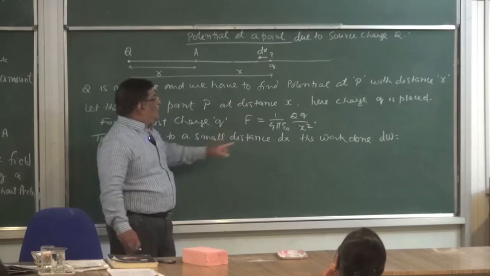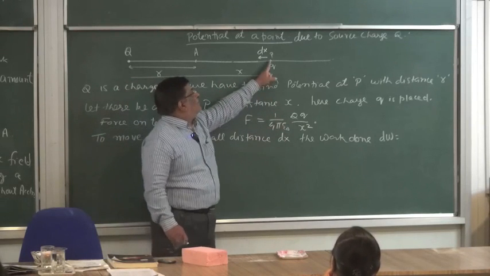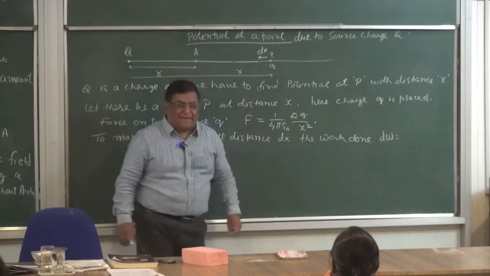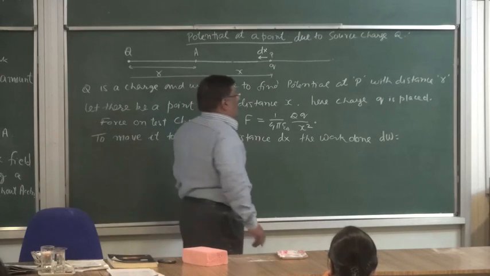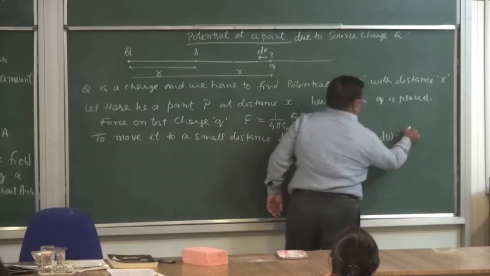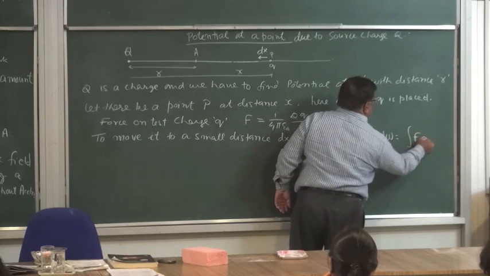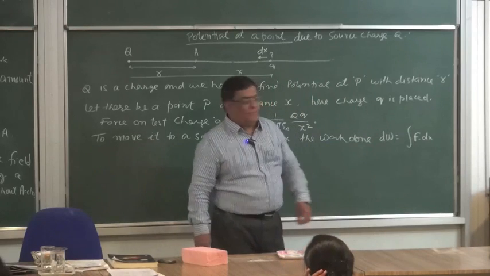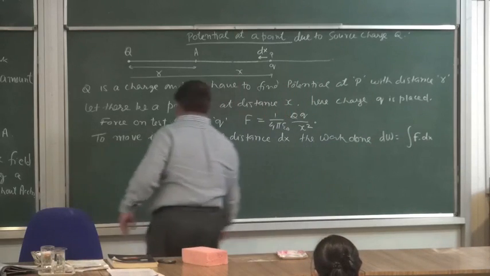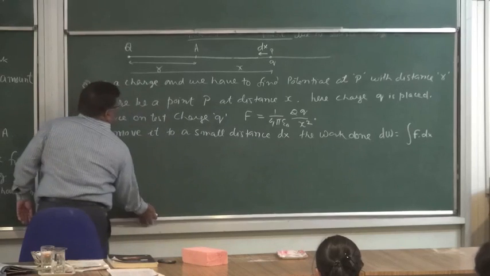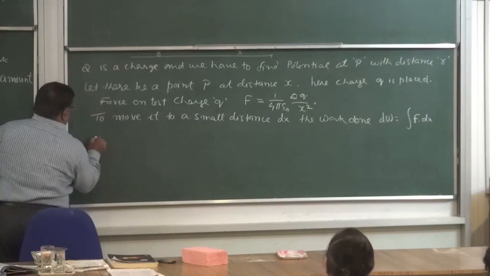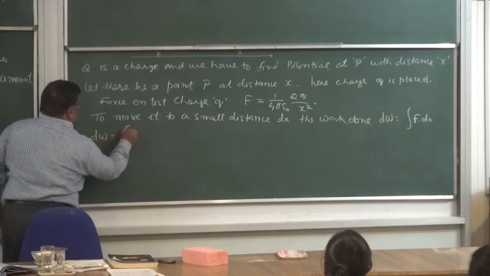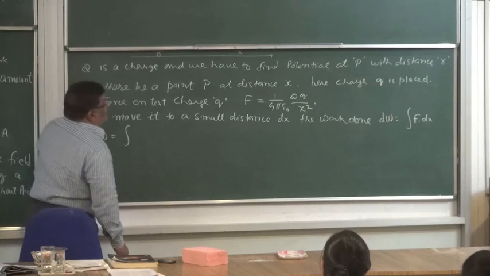So how much is the force? This is the force, and how much is the small displacement? dx. Okay, then how much is the work done? We know the work done is F dx. This is our formula. Now we put the values here. That is, dW is equal to integration F dx.